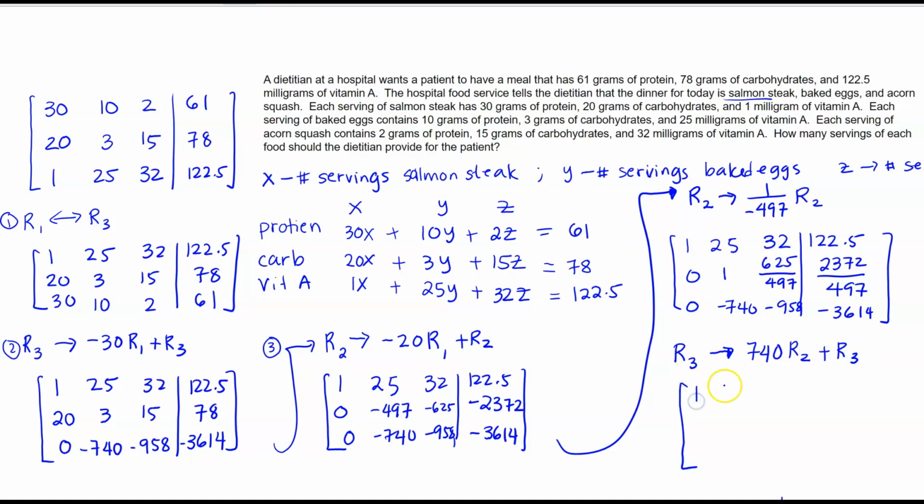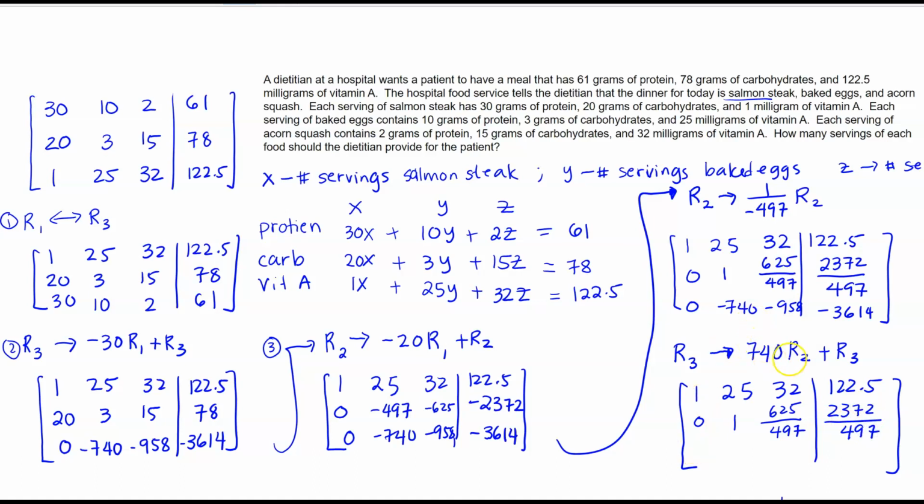So you copy 1, 25, 32, 122.5. And then you have 0, 1, 625 over 497, and then 2372 over 497.